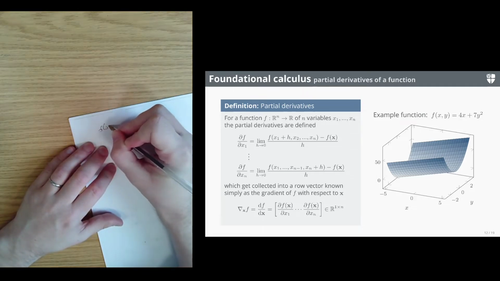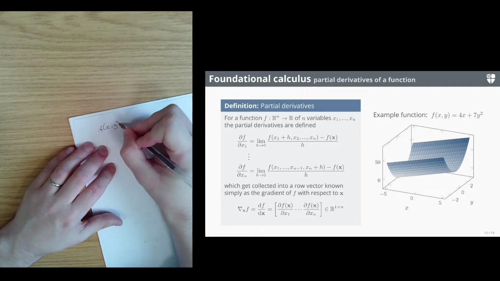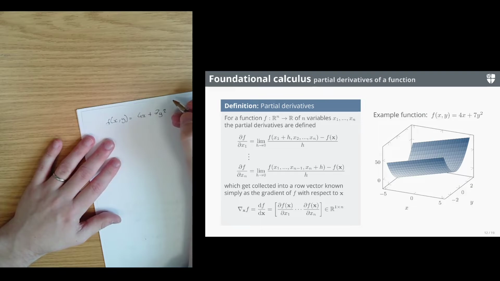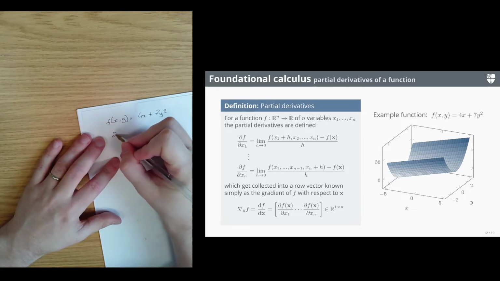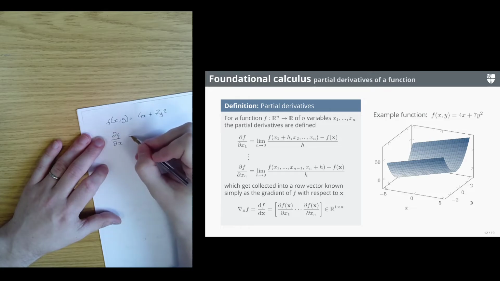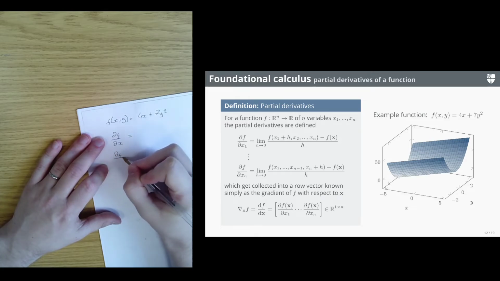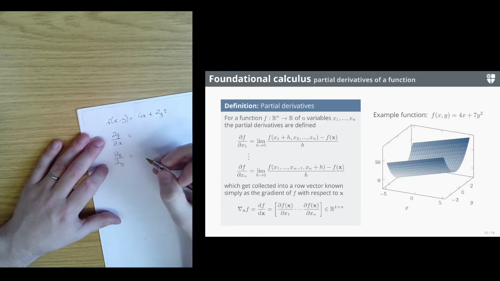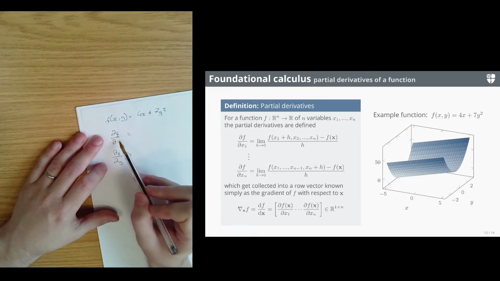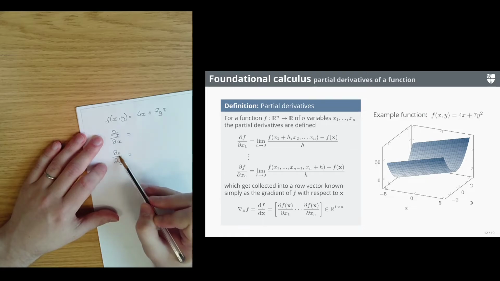We've got f of x, y equals 4x plus 7y squared. According to the definition, we get two partial derivatives: the partial derivative of f with respect to x, and the partial derivative of f with respect to y. That's how you read it. You read this as the partial derivative of the function f with respect to x, and this is the partial derivative of f with respect to y.